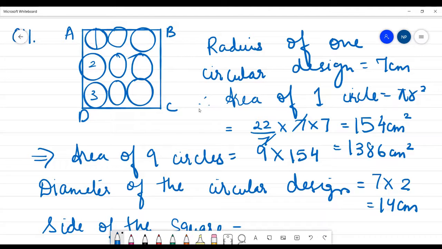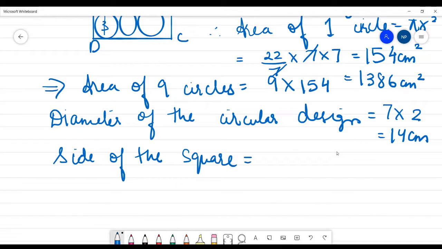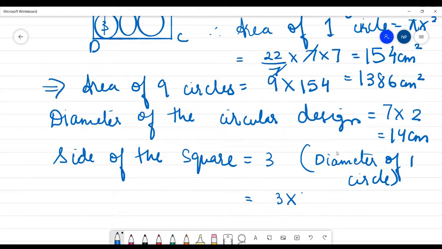Children, in my diagram it is not joined, but if you see the book, it's joined. Then again 14 centimeter, again we get 14 centimeter. So 3 times 14. So side of the square will be thrice of diameter of one circle. So we get the answer here as 3 into 14, that is 42 centimeter.